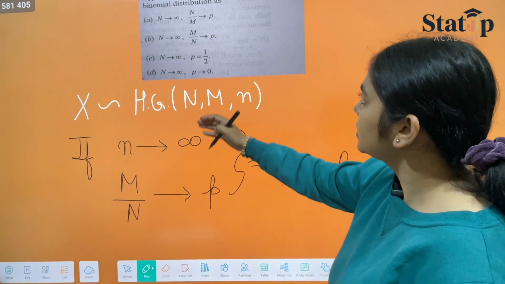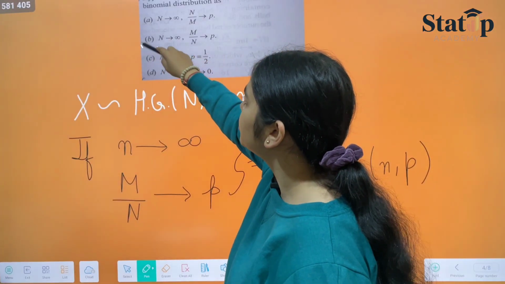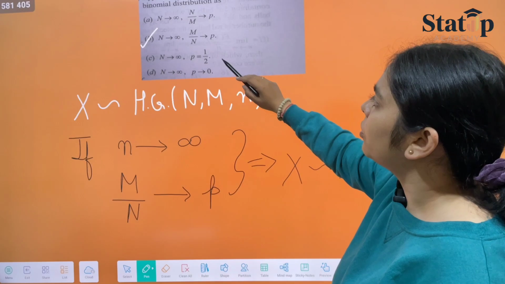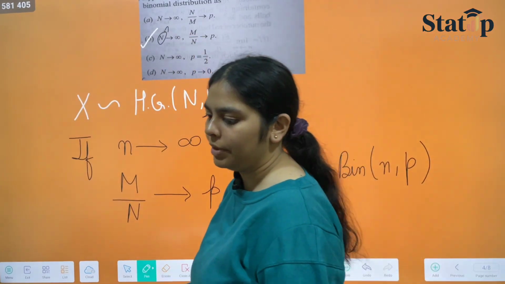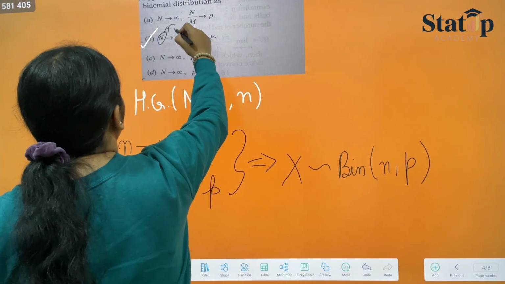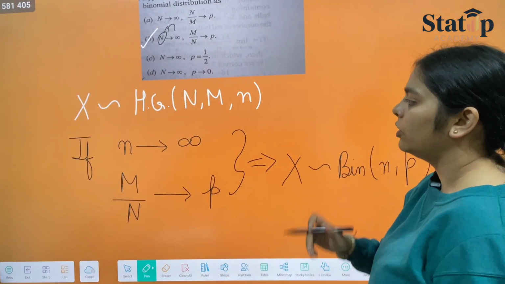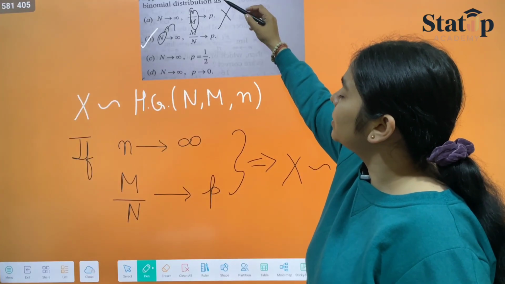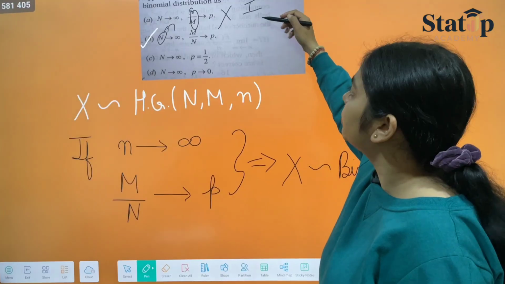So these two properties are satisfied by option B, which is N tends to infinity and m upon N tends to p. Here this should be small n, not capital N. They have given us capital N. That depends on the question, but the property that is followed is here only, because here they are reversed, n upon N. That should remain the case because the total is above and the condition that we have to find is below.